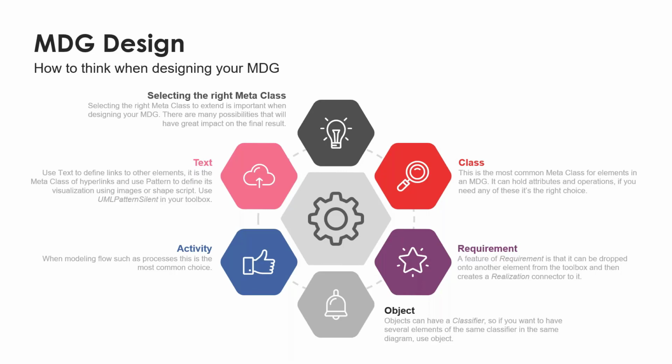So then you base your stereotype on the text, and then you have to create a pattern. And when you drop it, you use UML pattern silent to avoid having this pop-up window. So these are some things you should think about, because those are the tools you have in creating MDGs and giving them the way of working that you like.